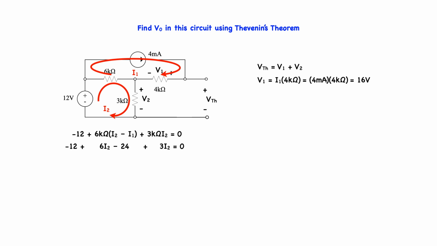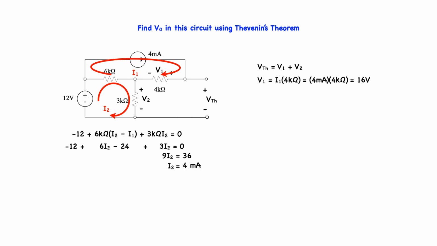Therefore, we can quite easily solve for the value of I2. Collecting like terms, we get 9I2 on the left-hand side of the equation, and we'll bring all of our whole numbers to the right-hand side of the equation, which change from negative numbers to positive numbers and add up to 36. We can now solve the equation for I2, giving us I2 is equal to 4 milliamps.